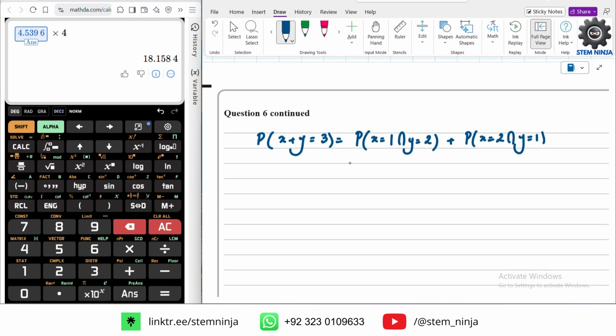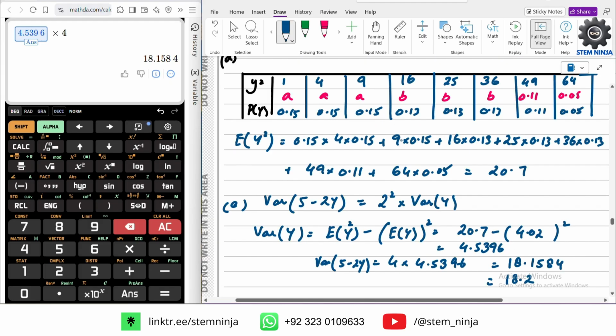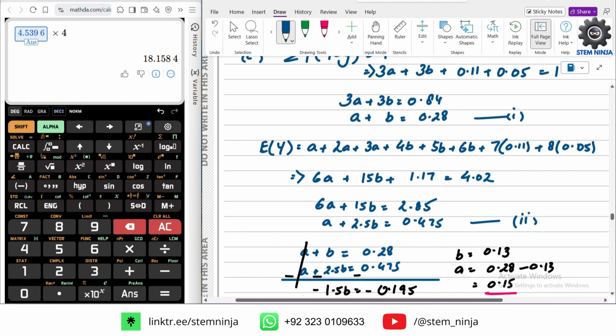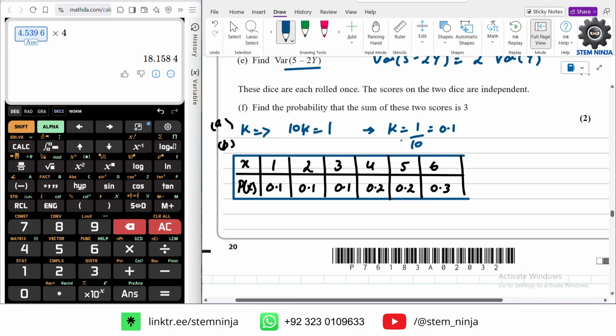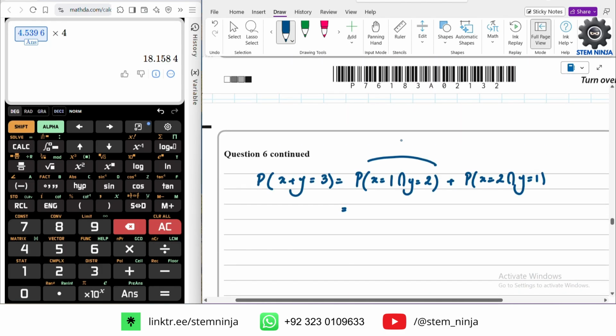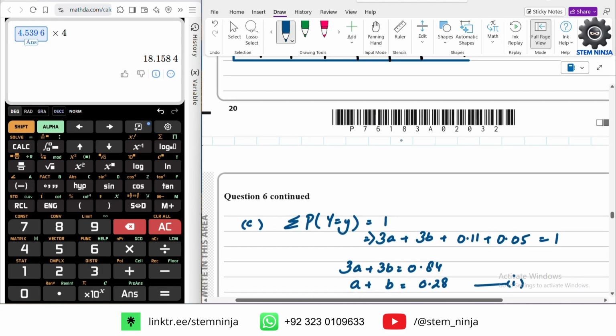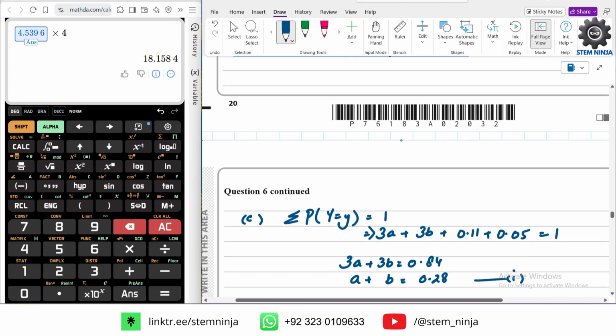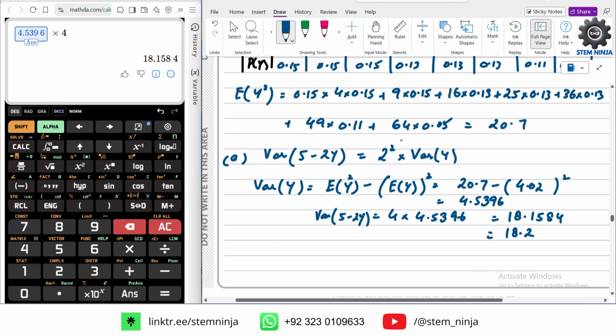So since they are independent, the combined probability would be the product of those two, right? So this is 0.15 and this was 0.1. Actually, both of them are 0.1 and 0.15.